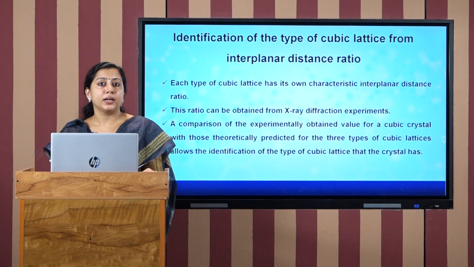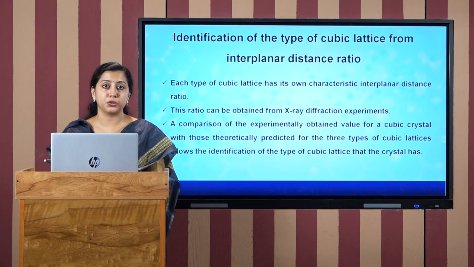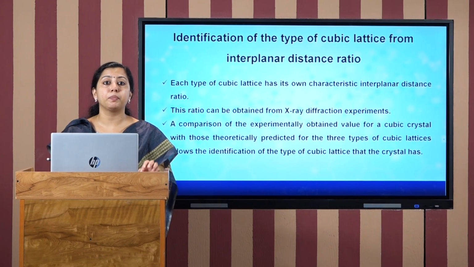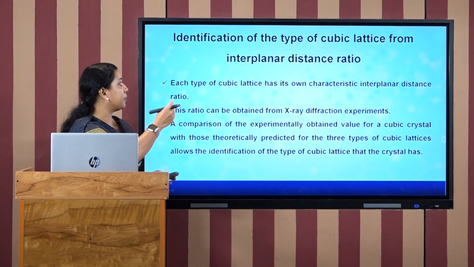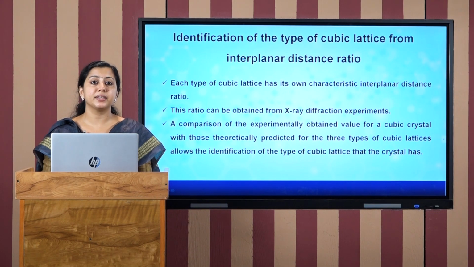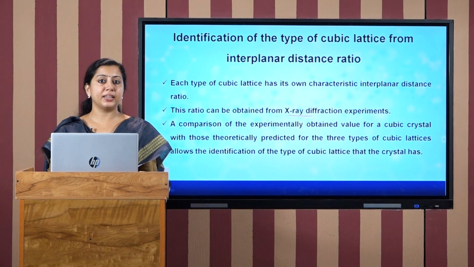Now, the significance of this interplanar distance ratio is that it helps to identify the type of cubic lattice. Each type of cubic lattice has its own characteristic interplanar distance ratio, and this ratio can be obtained from the X-ray diffraction experiments. We will see in detail about X-ray diffraction in the later classes.